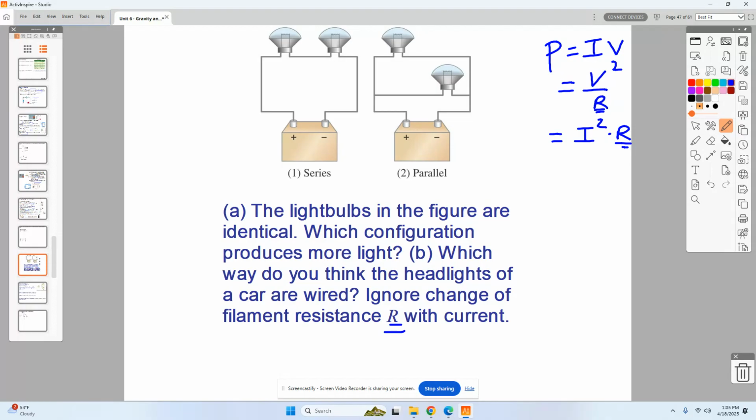Would you agree with this statement, that the current flowing through the series light bulb is less than the current flowing through this light bulb? The current flowing through the series is less than that flowing through that individual light bulb in the parallel. Agree? Okay, you should agree with that statement.